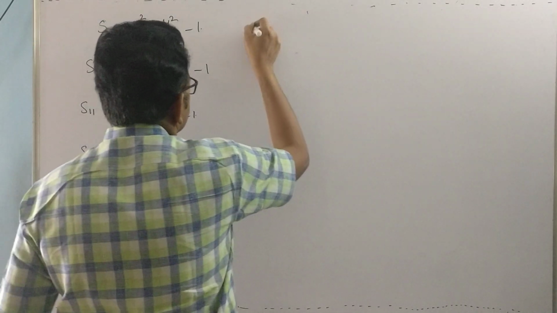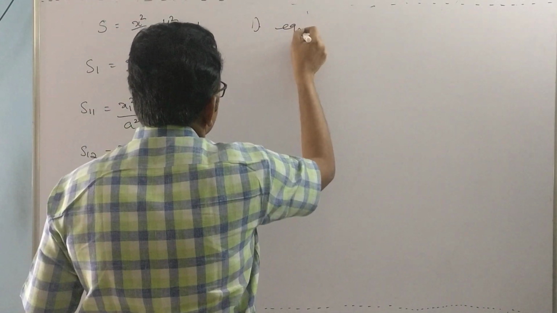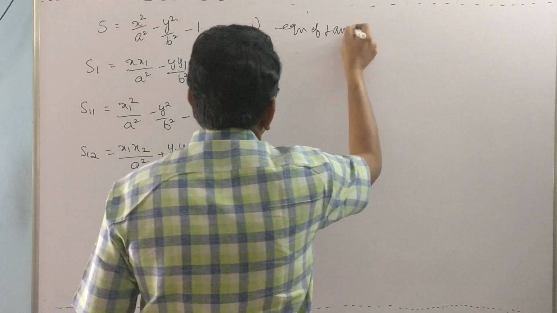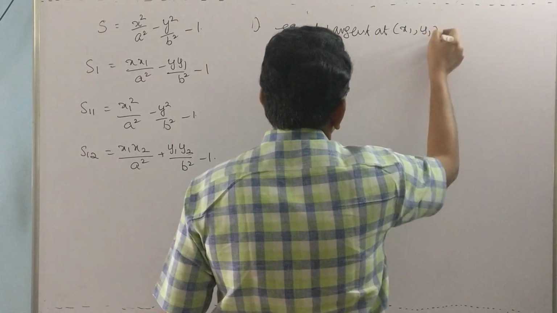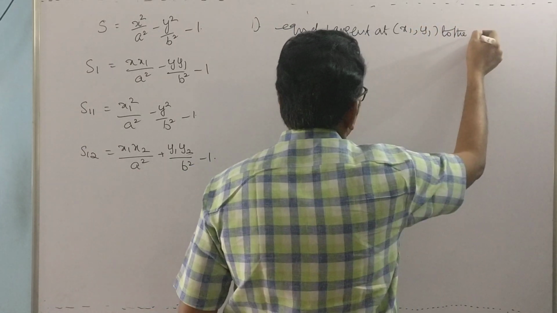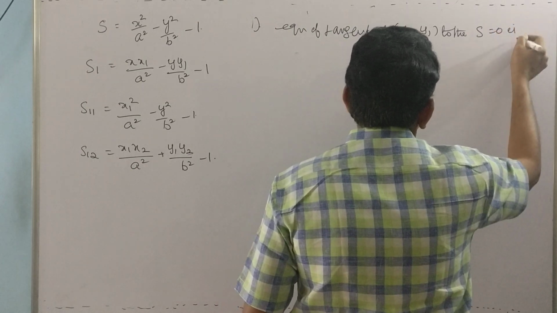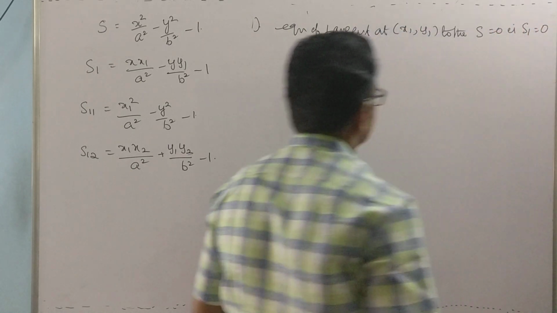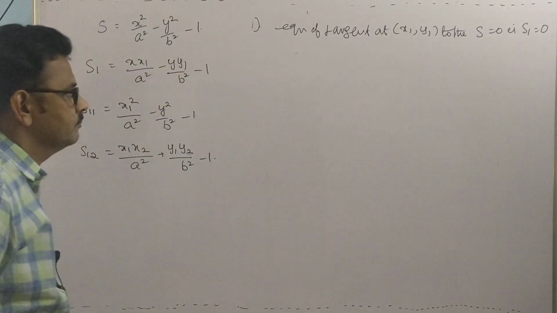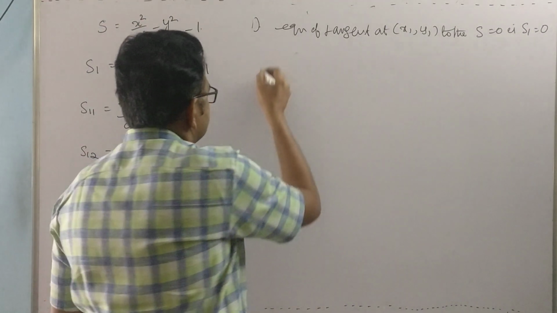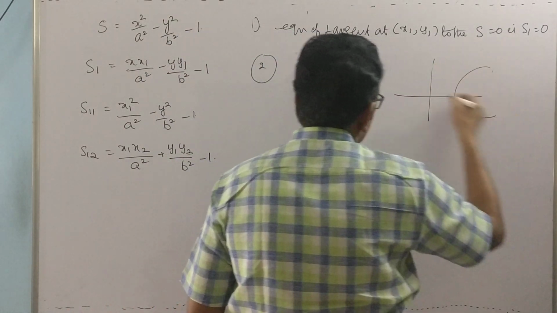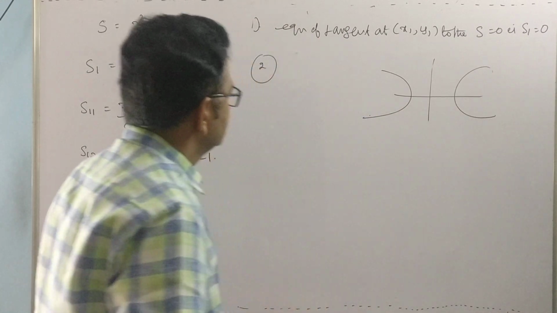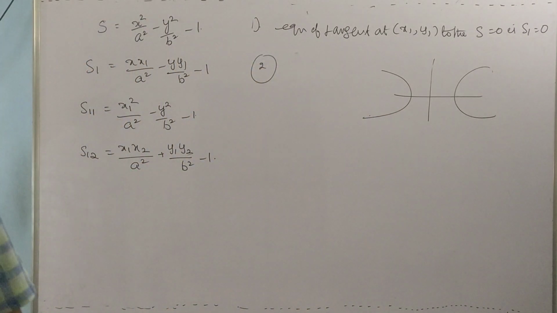And first point, the equation of tangent at the point x1 comma y1 to the hyperbola S equal to 0 is S1 equal to 0. Second point, the only difference is here, so this is the hyperbola. The position of the point means what?